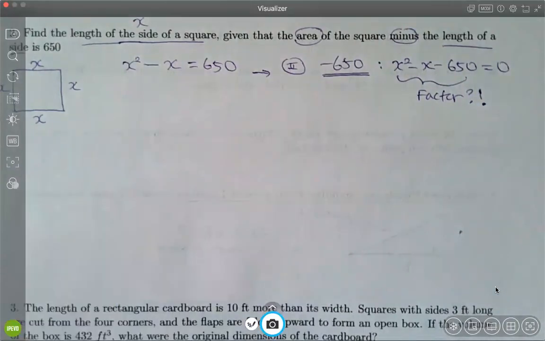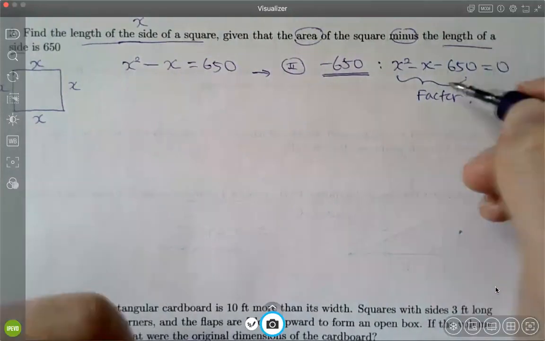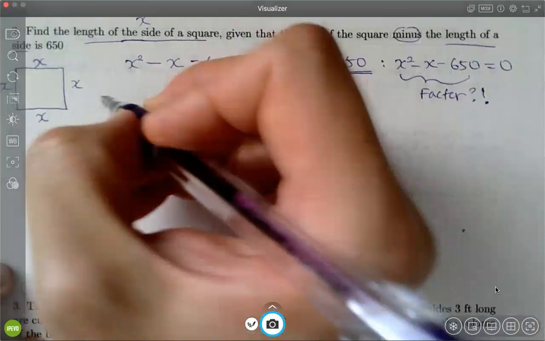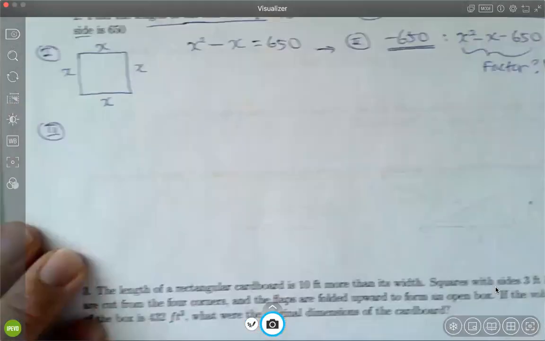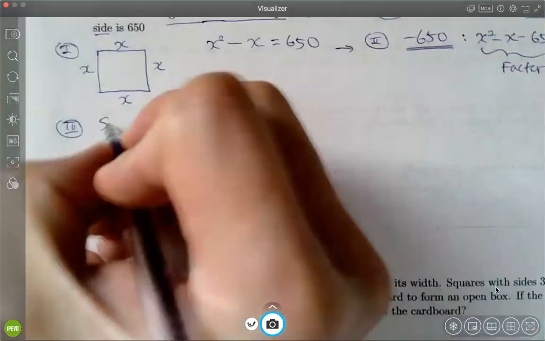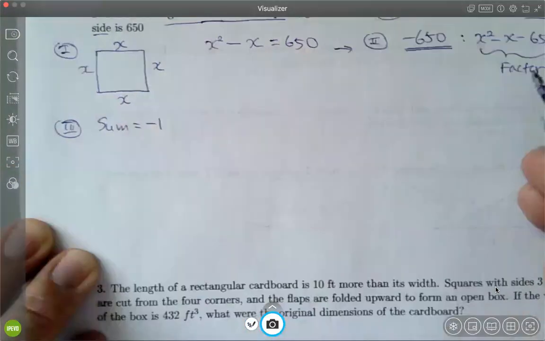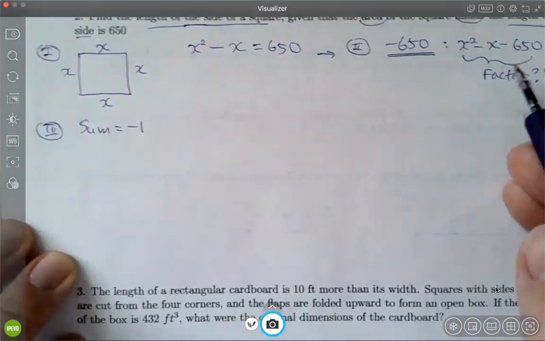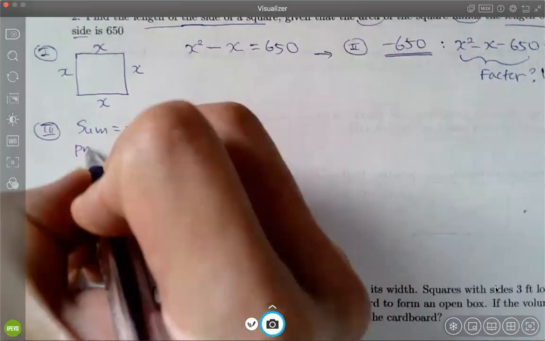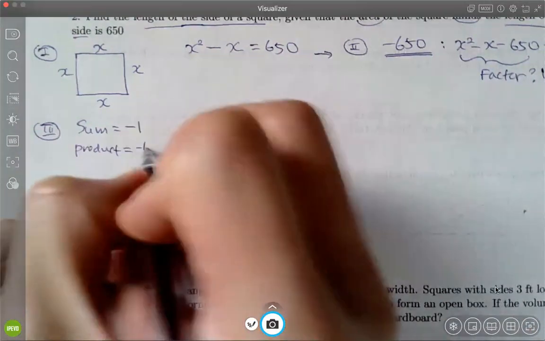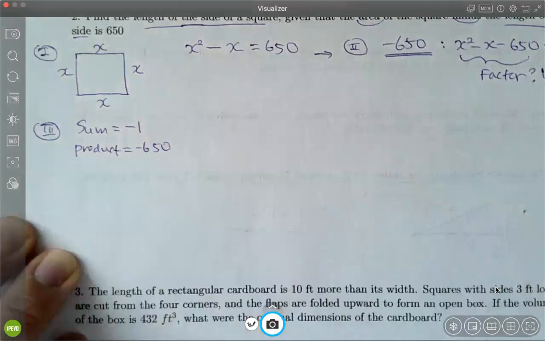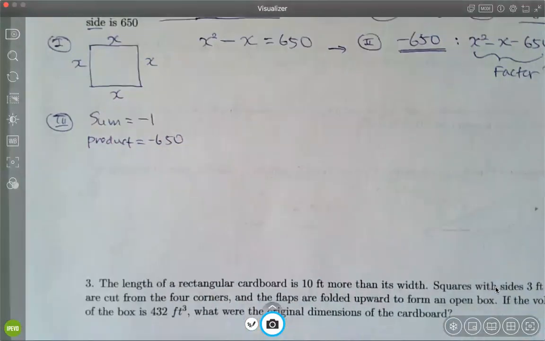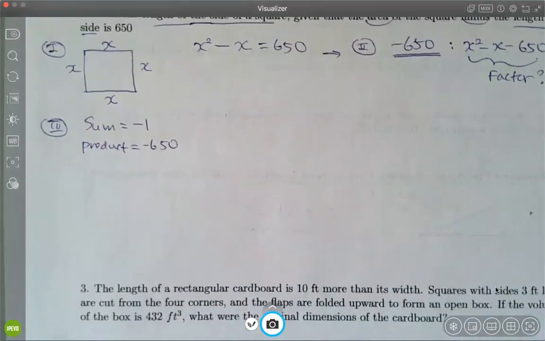We can factor this. And now, here, what do we have to do? The sum of the two numbers is -1, and the product is -650, right?